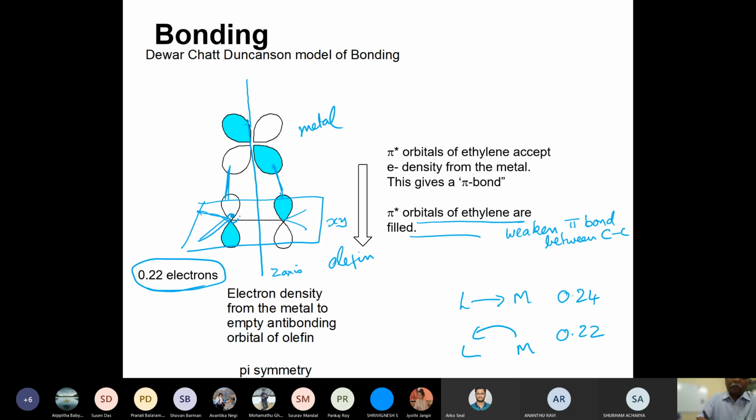There's a carbon here, there's a carbon here, and this pi bond is weakened between the carbons. But then it strengthens the pi interaction between the metal and the olefin. This is also a pi interaction.